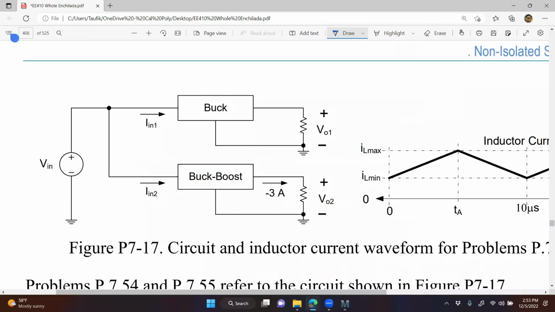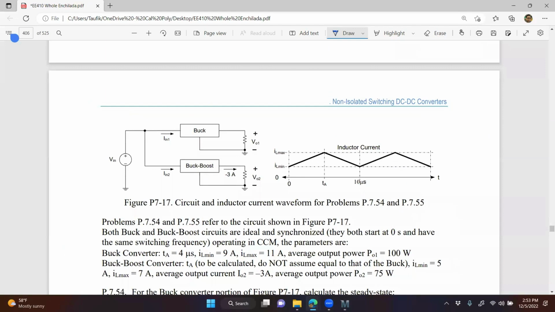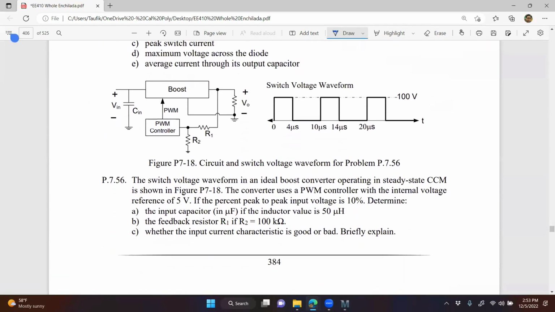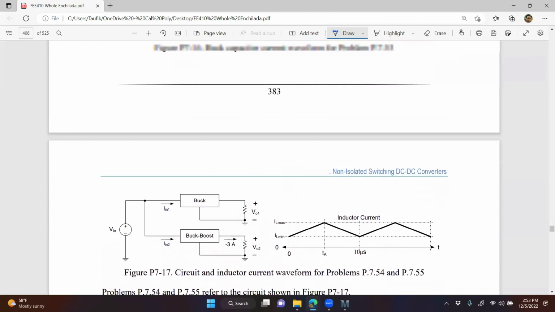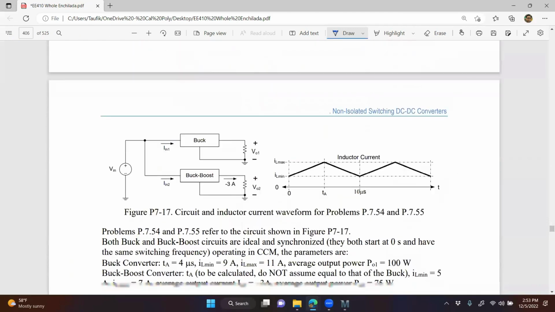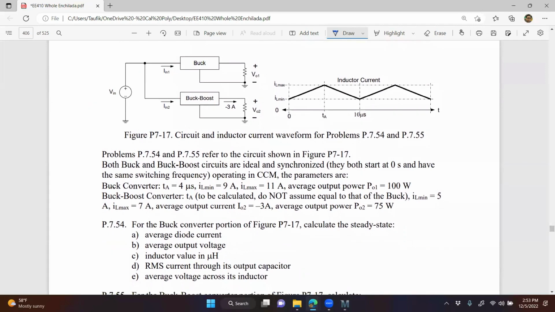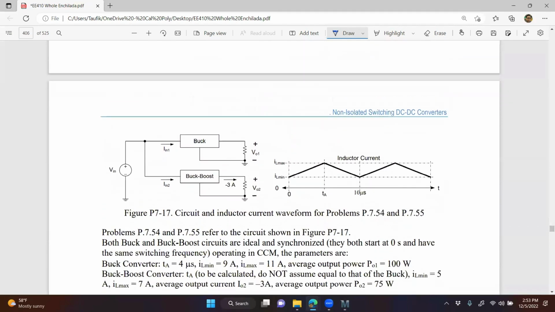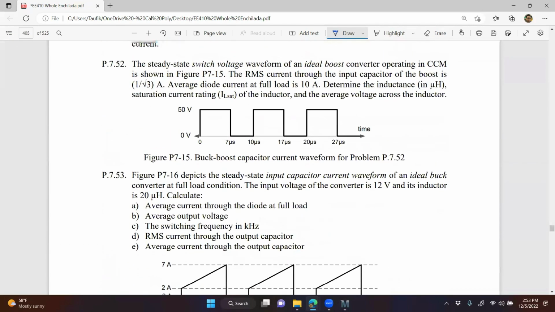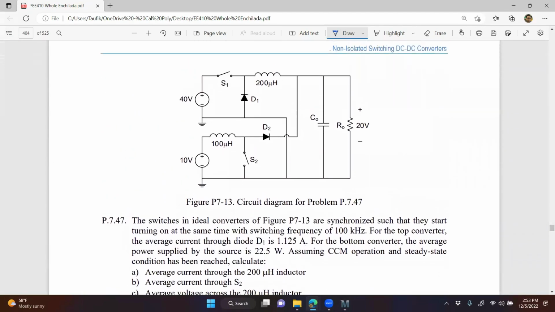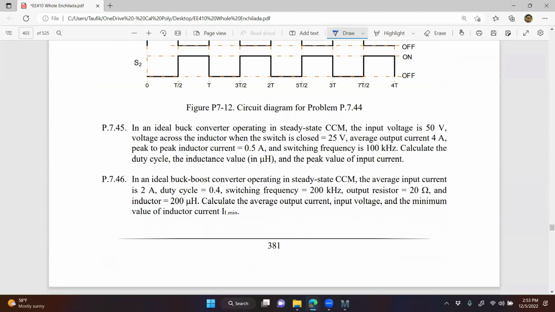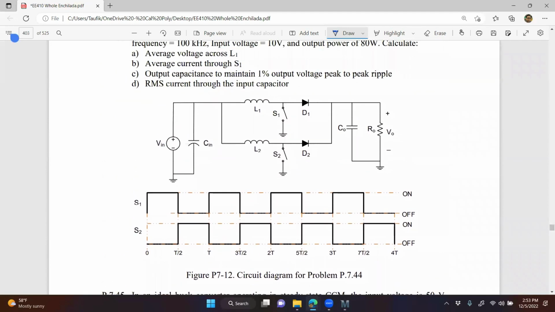Buck and boost, buck and buck-boost. What problem is that one? 53? This one is 54. Okay, 54. And the first one that you pointed out was 47, right? Yes, 47, and 54. Okay. So at least I want to do one of those, if not more, something like this as well.